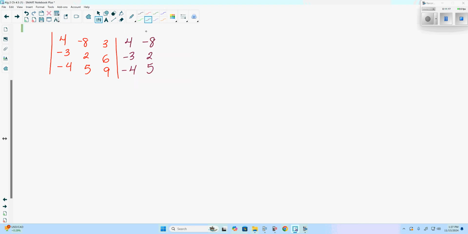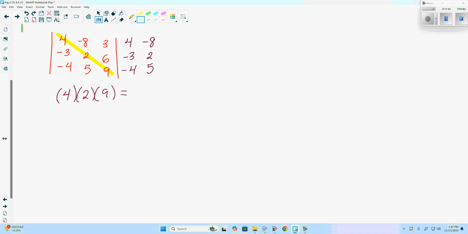So this here is going to be our first diagonal, which is 4 times 2 times 9. Questions on this first diagonal?